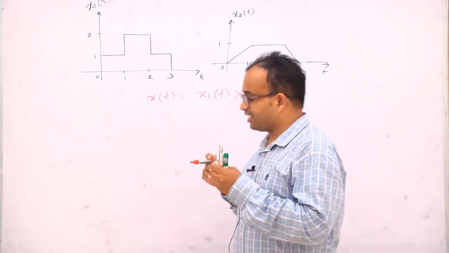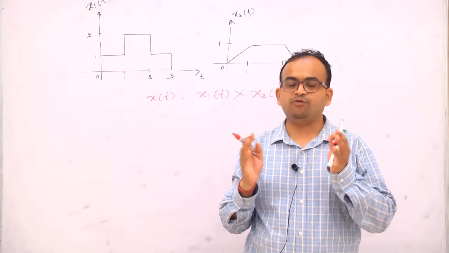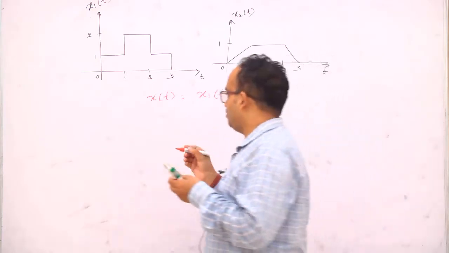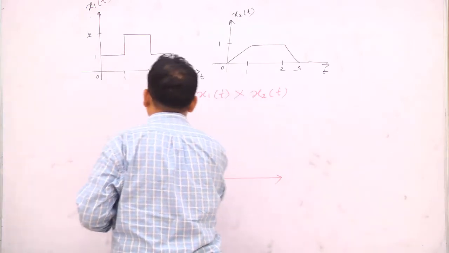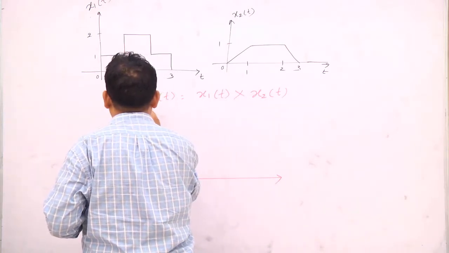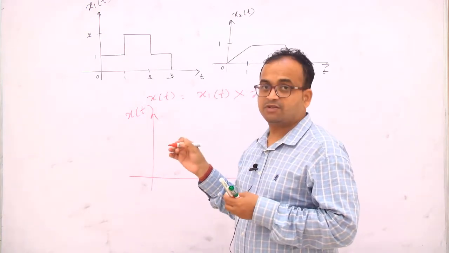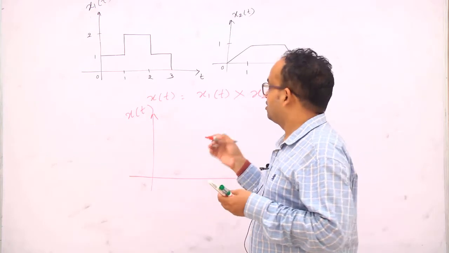So if we take multiplication, we have to see the time instant and multiply the signals within that instant. So if we do the multiplication, that is x of t, which is equal to x1 of t into x2 of t.